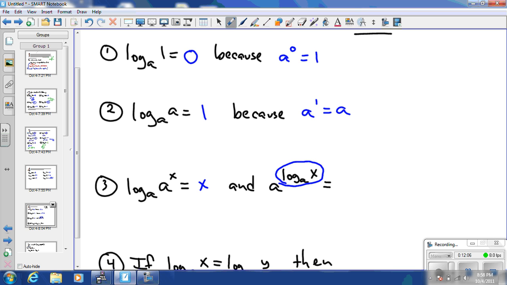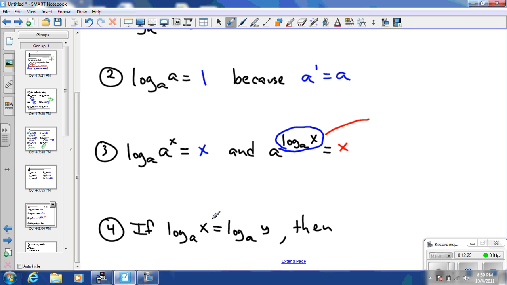Log base a of x. I'll change colors here to show this off to the side. This is equal to the power that you have to take a to in order to equal x. Well, if I take a to that power, I'm going to get x as a result. You have to think about that one a little bit.